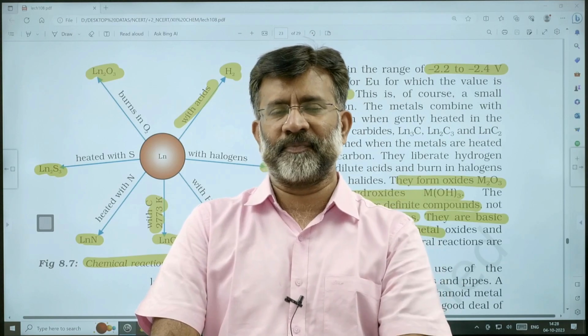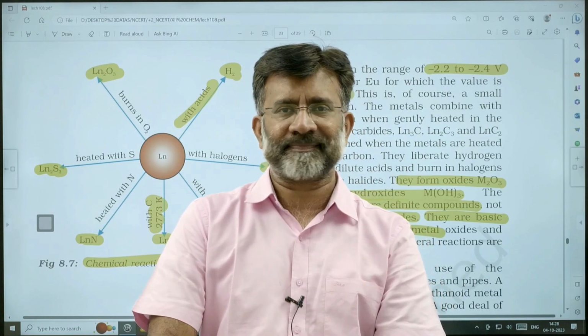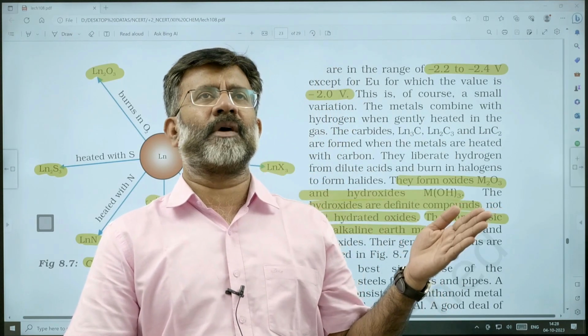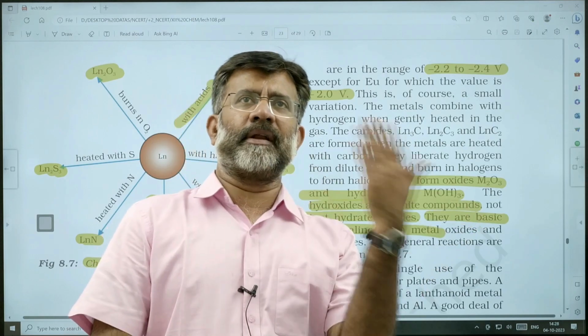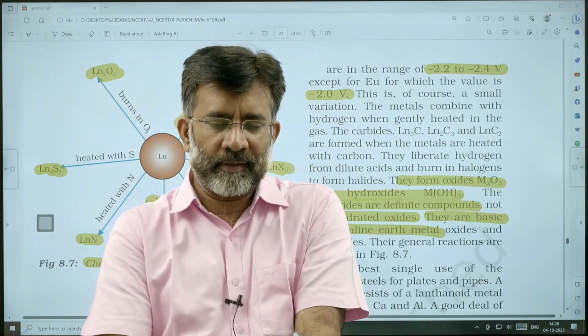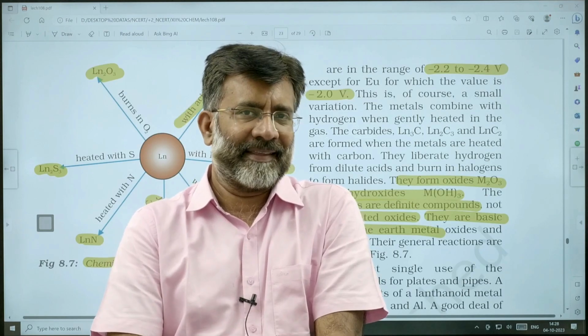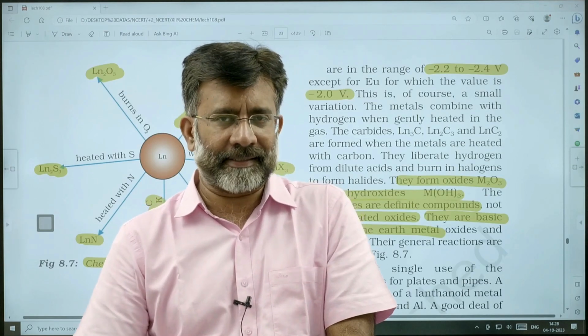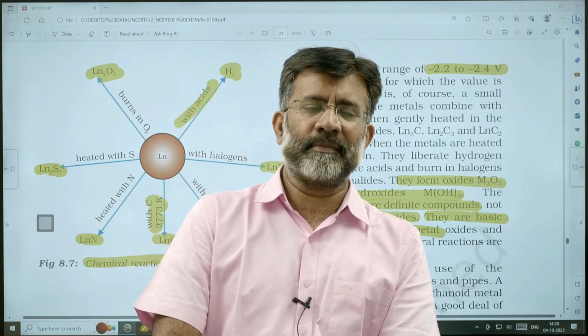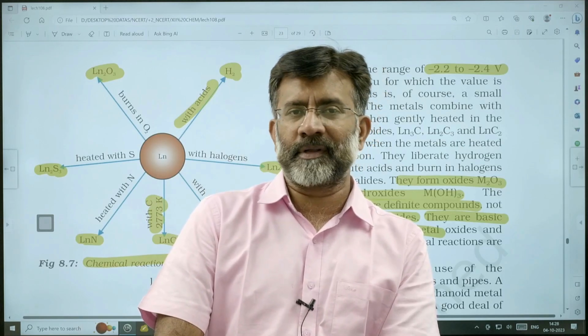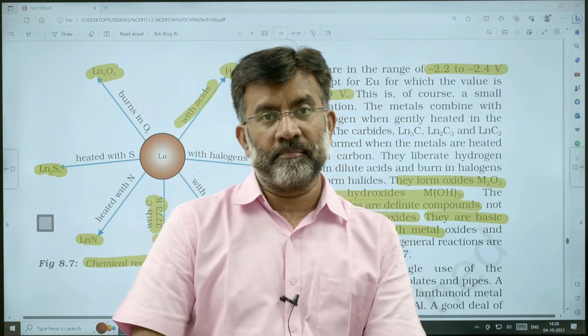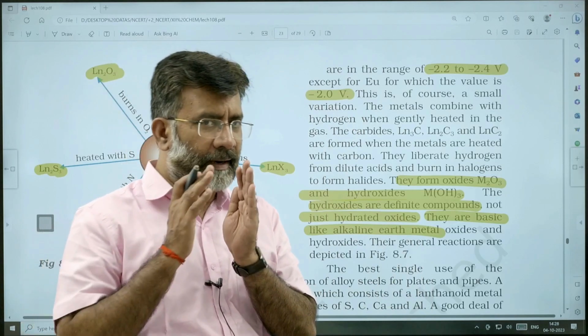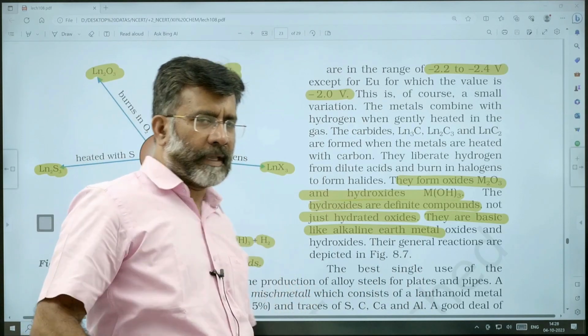Very important point: the later members of lanthanoids are similar to aluminium in formula, but may not be in characteristics. Aluminium hydroxide is amphoteric, while these are basic and quite reactive, similar to s block elements.